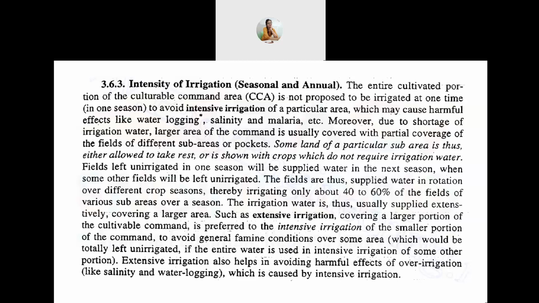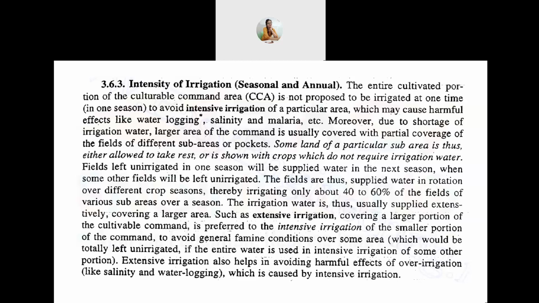Such extensive irrigation covering a larger portion of the cultivable command is preferred to the intensive irrigation of a smaller portion of the command to avoid general famine conditions over some area, which would be totally left unirrigated if the entire water is used in intensive irrigation of some other portion.